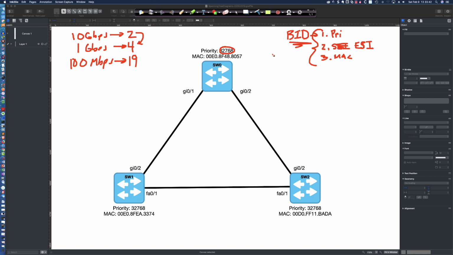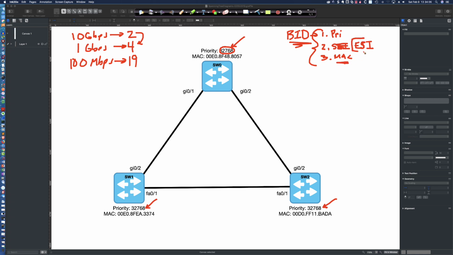Now, in order to identify the root bridge, the very first value that we look at in the bridge ID is the priority value. You'll notice on this activity that it was set to 32768. So if all of the priority values in the bridge IDs are equal, we go to MAC address.